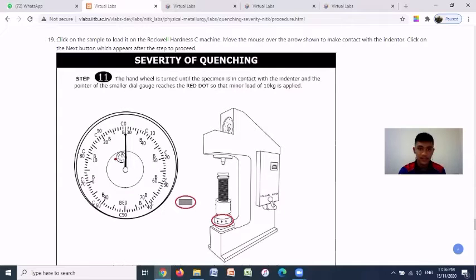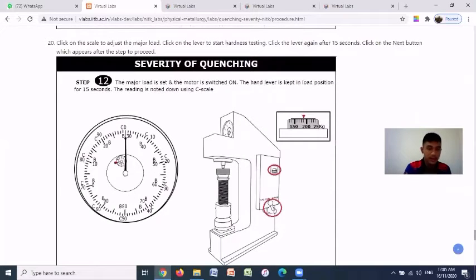Okay, so next step ke-12. The major load is set and the motor is switched on.